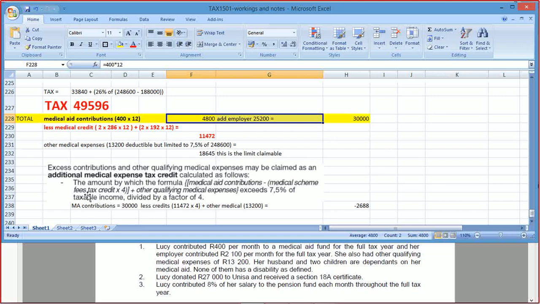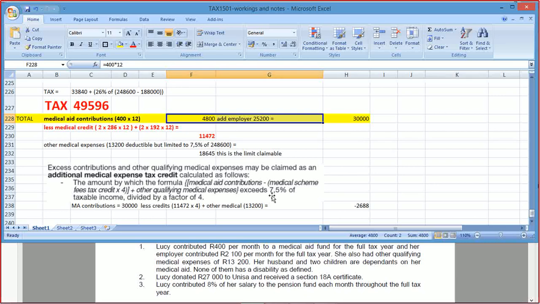Let's read it again. Medical aid contributions. How much did we say that was? That was 30,000. It was her portion and the employer's. So that's fine. Then minus medical fees tax credit times 4, which would be the 44,000, because you've got the 11,000 times 4.